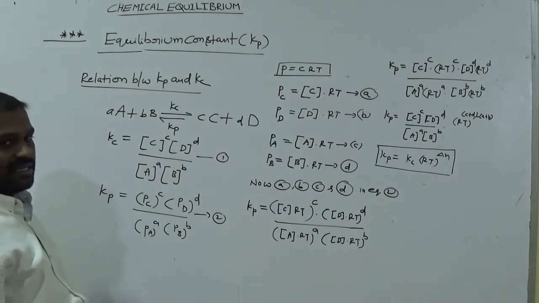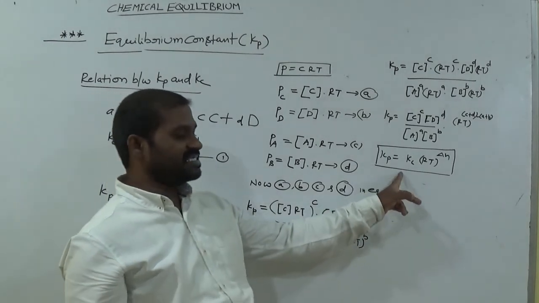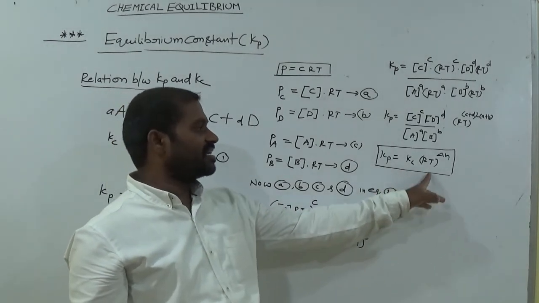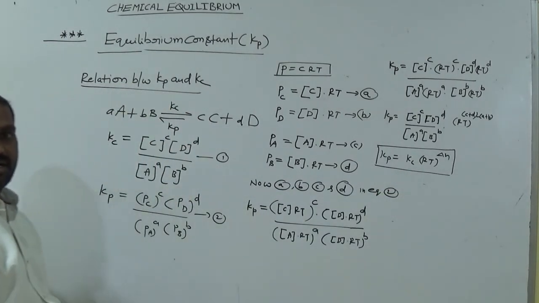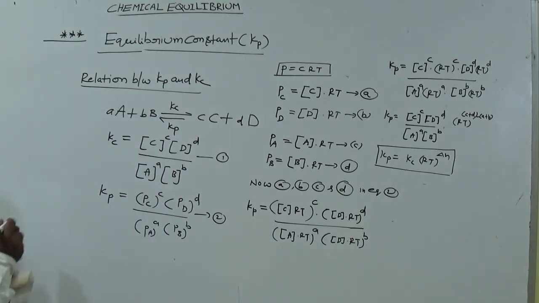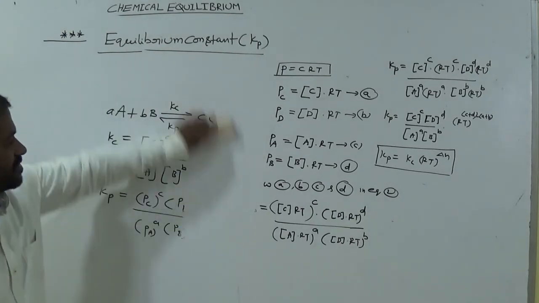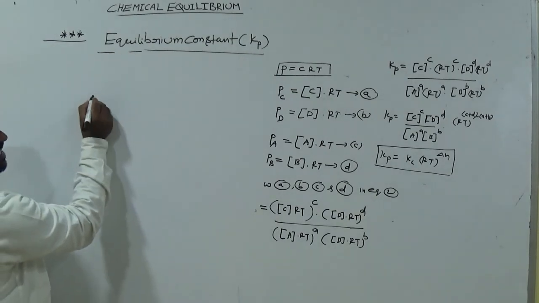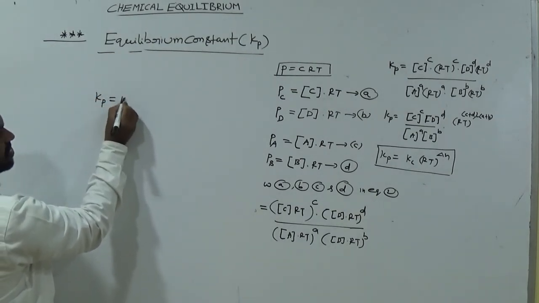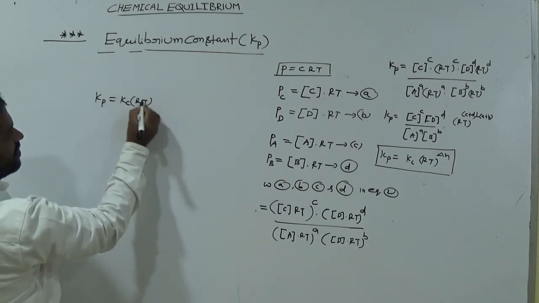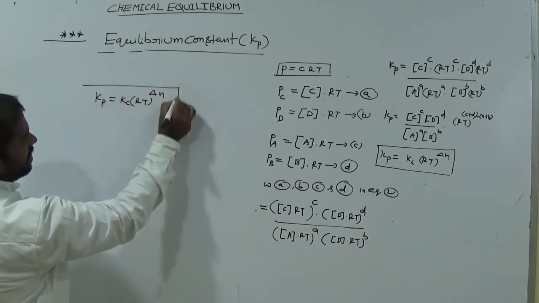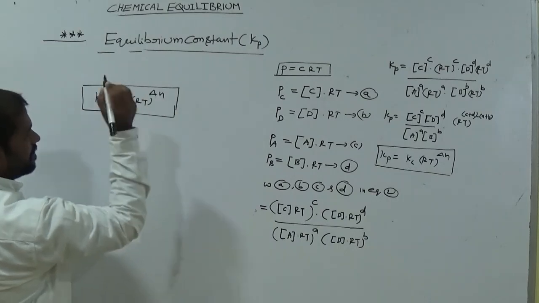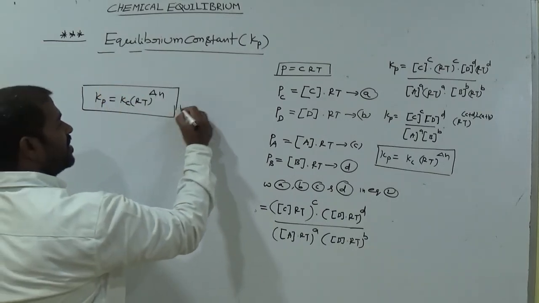So what is the relation between Kp and Kc? Kp equals Kc RT whole power delta n. Therefore, the relation between Kp and Kc: Kp equals Kc RT whole power delta n. Okay. So a very important equation.